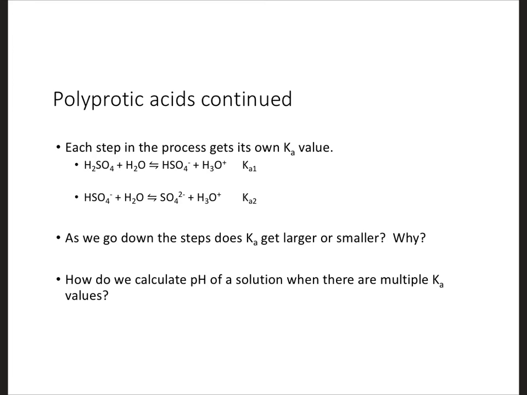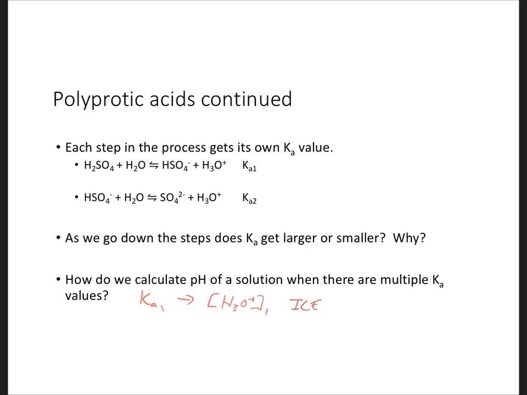So what we would need to do if there are multiple Ka values is say, okay, Ka1 is going to be responsible for putting some amount of protons into solution. We'll say those are the protons associated with Ka1, and we would need to use an ice table in order to calculate that. We've been doing that all along, so we're not going into that here.